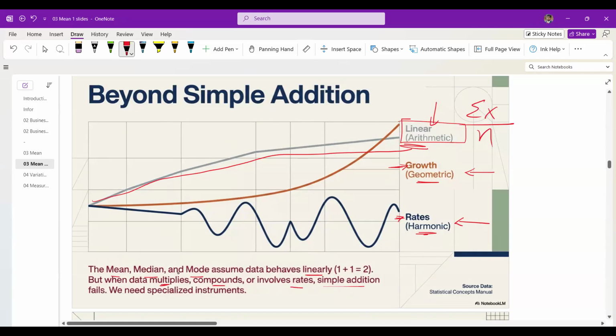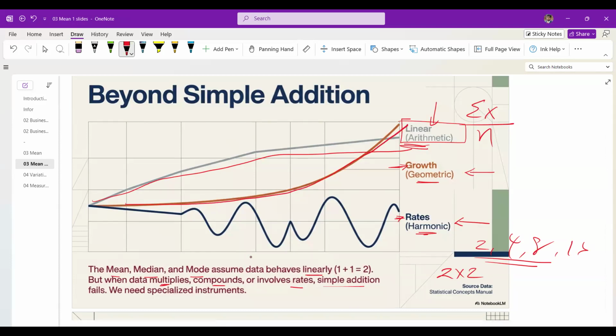In the case of multiples, the progression is like this: first observation 2, second observation 4, then 8, then 16. In these instances, we can't use arithmetic mean. It grows very fast.